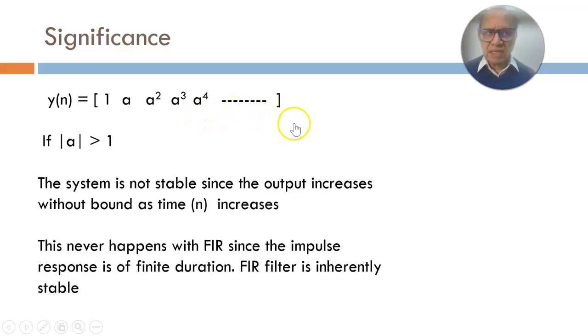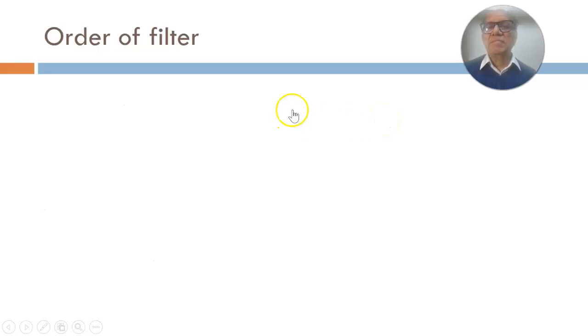So it does not increase without bound, and therefore if mod of a is less than 1, then the IIR filter is going to be stable. However, note that if you do not design the IIR filter properly, it could become unstable, whereas the FIR filter is inherently stable.